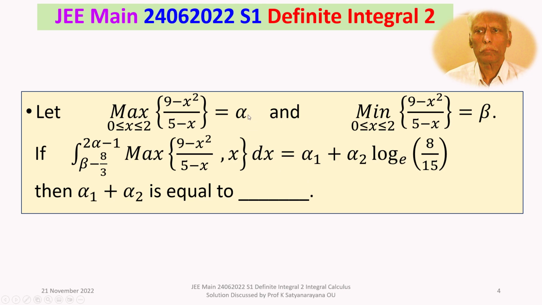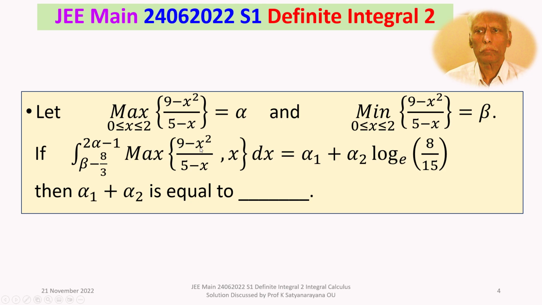So we are given alpha as the maximum of this and beta as the minimum of this, where the maximum and minimum are taken over all x belonging to the closed interval 0 to 2. And this integral from beta minus 8 by 3 to 2 alpha minus 1 is of the maximum of these two functions.